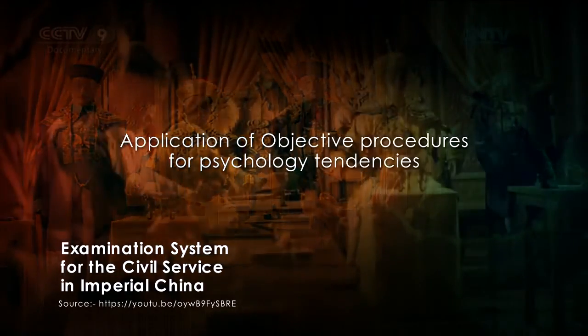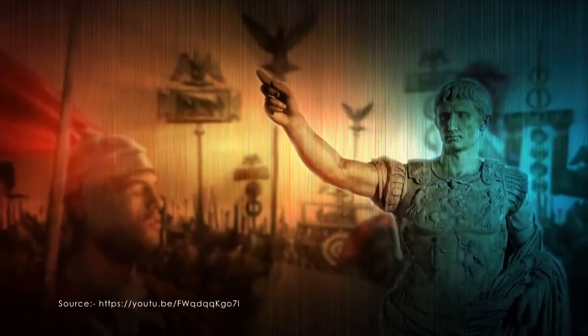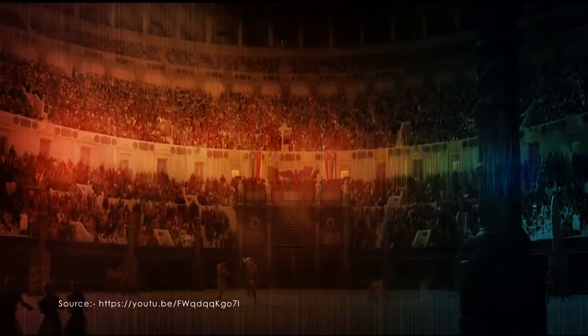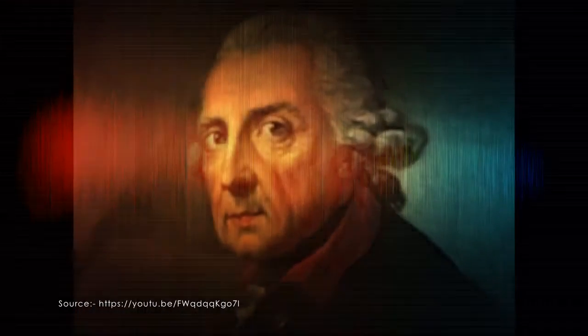revenue, and geography. In Western civilization, after experimental psychology flourished in the late 1800s in continental Europe and Great Britain, psychologists started to use objective procedures to measure various psychological propensities.